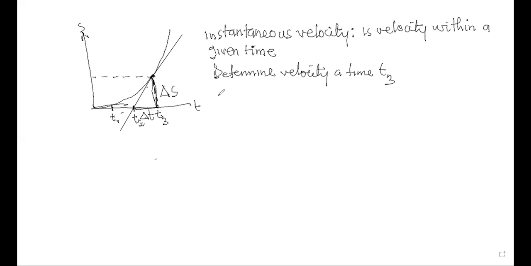So the velocity at time T3 is equal to change in S over change in T. And change in S is equal to this value of displacement over here.